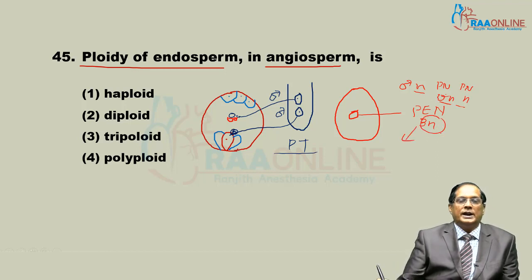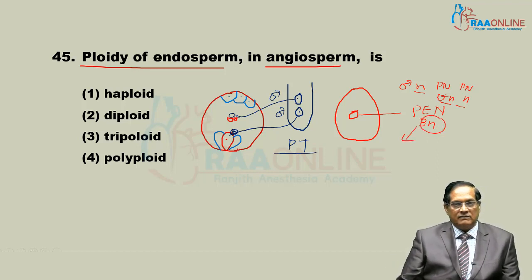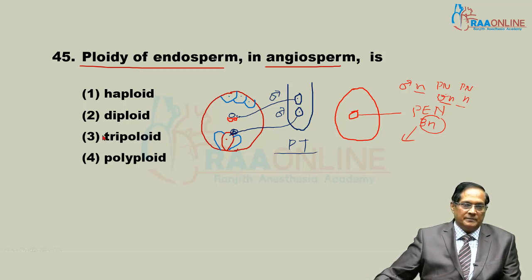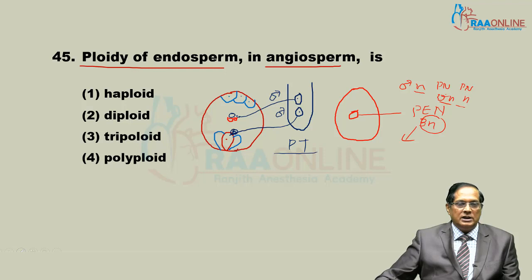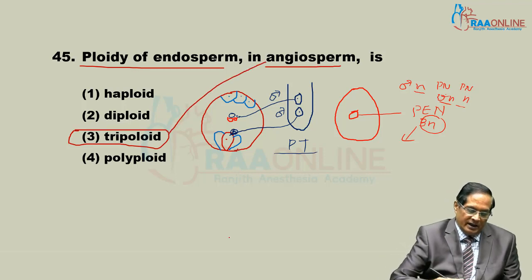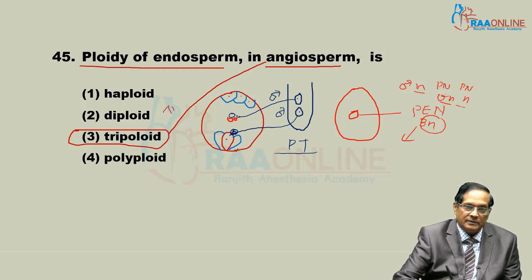It develops into endosperm later. So the ploidy of endosperm in angiosperm is triploid, because it is formed as a result of triple fusion.